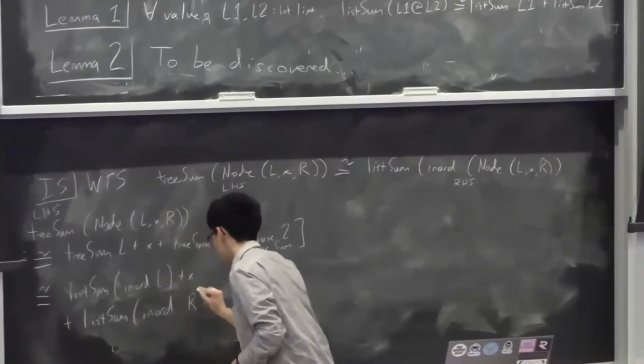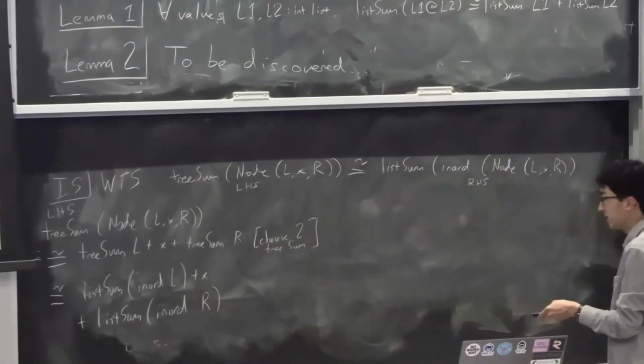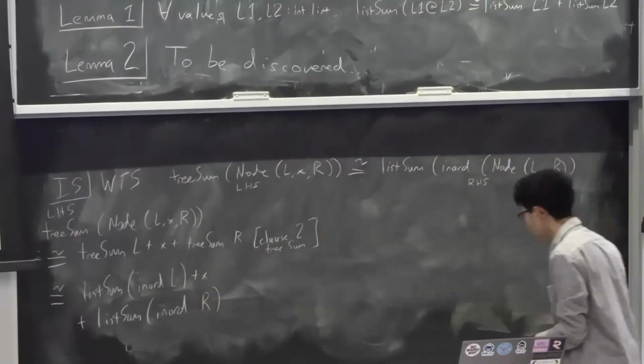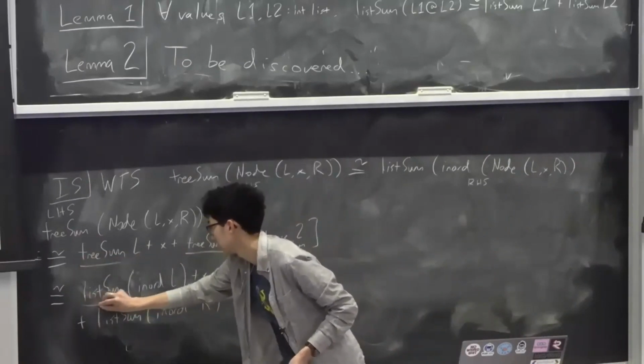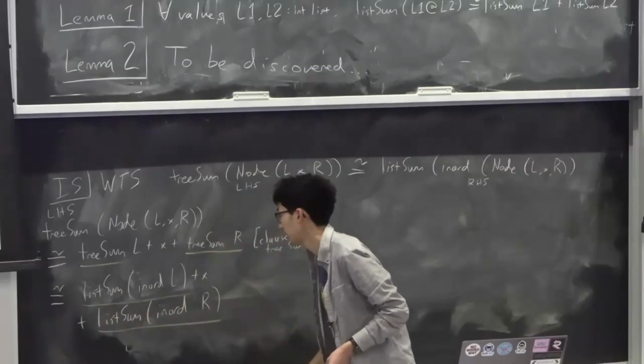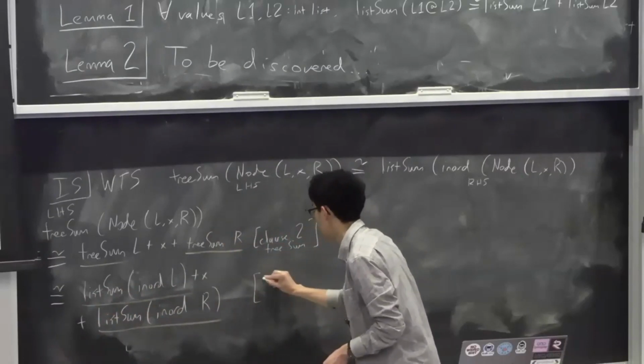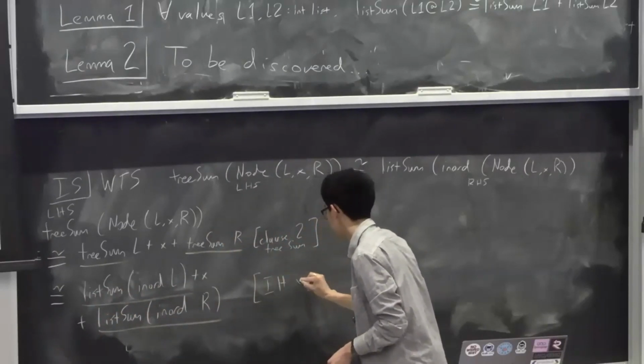So this is what I stepped it to, because I apply the induction hypothesis on both of these, and I get these. So I'm going to say by IH times 2.